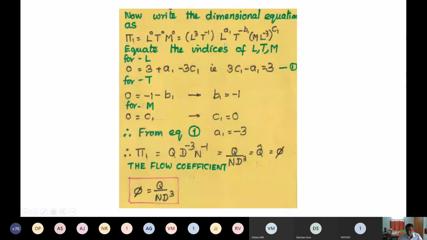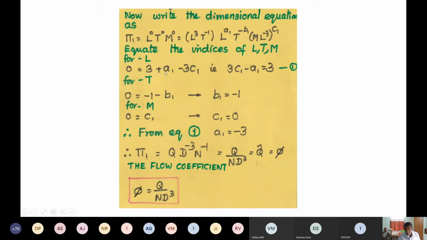Okay, now equate the indices of length, time and mass. For length, on the left hand side, that is for the pi term, you have 0. For the combined terms, you will have a 3. That is the 3 is there.